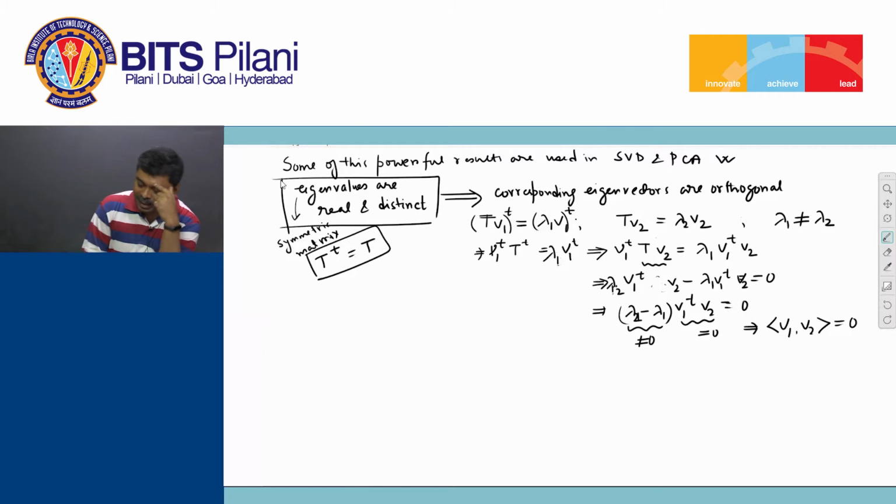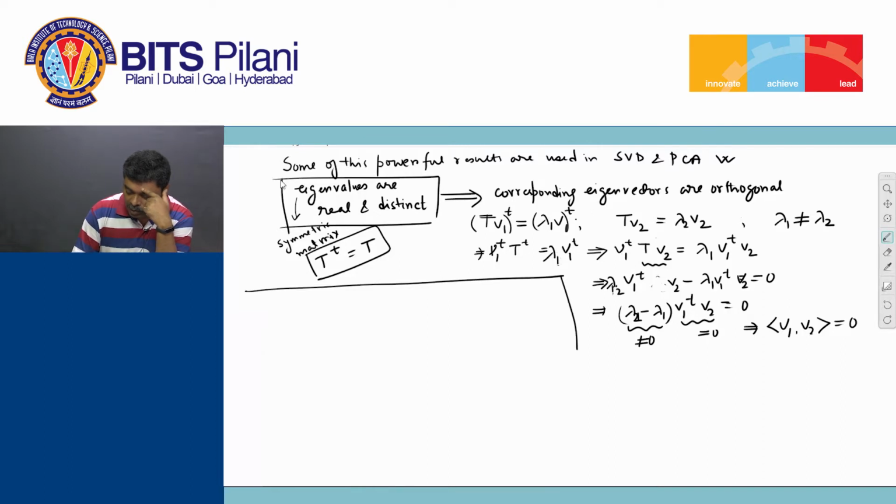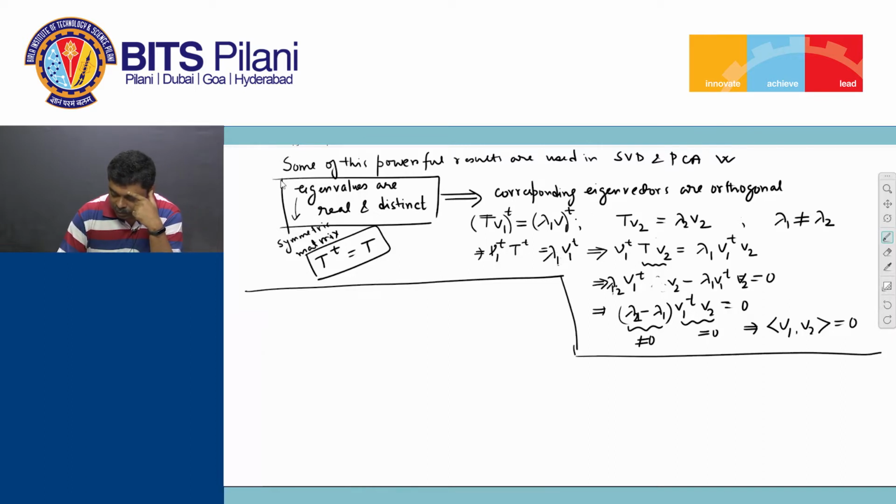Well, the big deal is a consequence of this result. Where did we see this? We saw this in PCA. Remember, we had that matrix 1, 0.916, 0.916, 1. We first observed that the matrix was symmetric, and then observed that the eigenvalues are real and distinct, and therefore the corresponding eigenvectors are orthogonal.